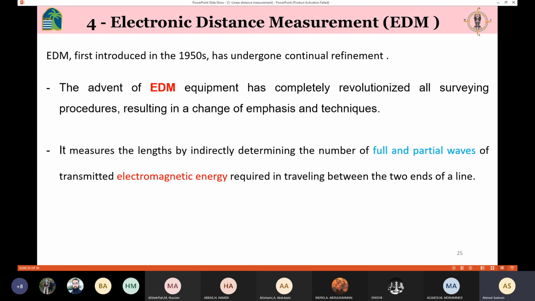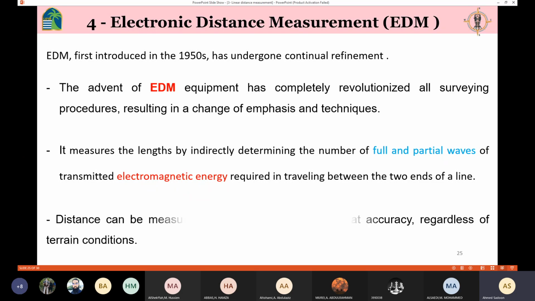Then in order to know the length, I need to know the number of the waves transmitted and the waves received, whether they are full or partial waves. So the process is that indirectly we are going to measure the length by measuring the full and the partial waves of the transmitted and received electromagnetic energy.